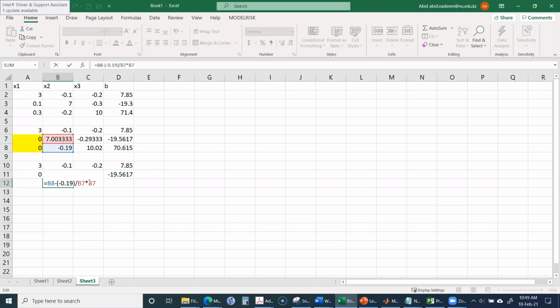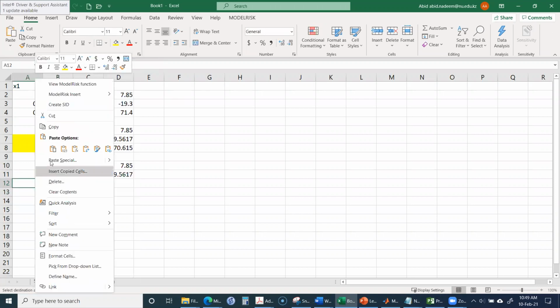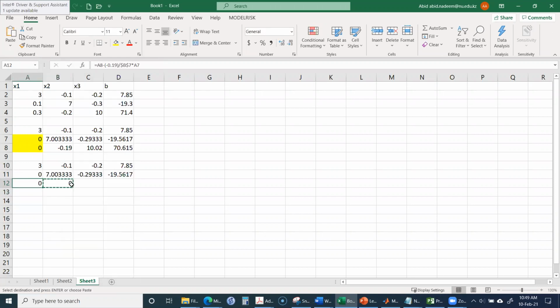The value which I am dividing by over here, I should make it a constant so that it will not change. So copy and then paste it here. Now it is 0. So these are the two steps.